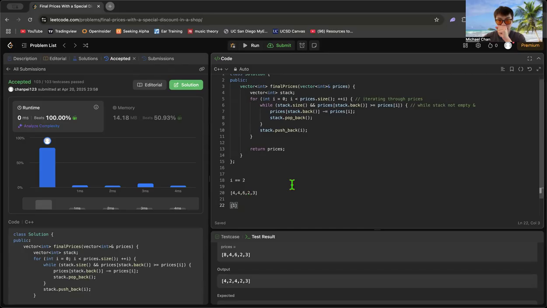But it's not. Oh, wait. 0 is bigger than 1. 1 is bigger than or equal to 2?